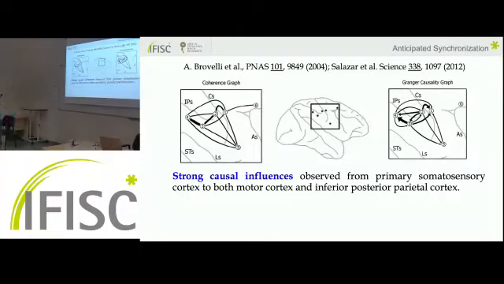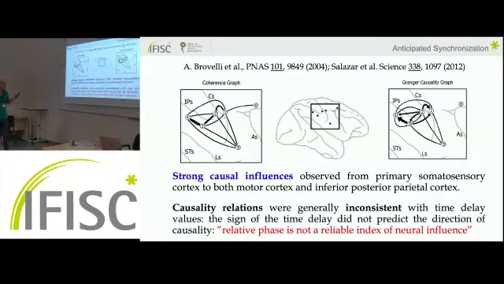With the coherence, you can also compute at what time the population activates. So if I compute the coherence between 2 and 1, I can know when 1 activates and when 2 activates relative to 1. That you can do. And interestingly, they say in the paper, without any explanation, that causality relations were generally inconsistent with time delay values. The sign of the time delay did not predict the direction of causality.